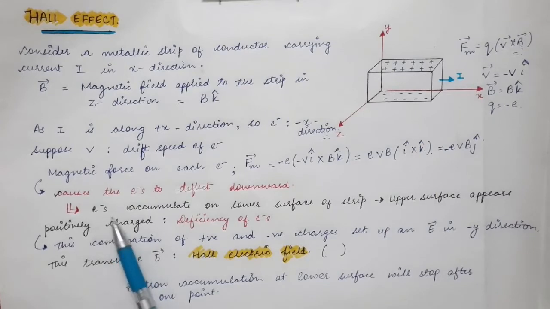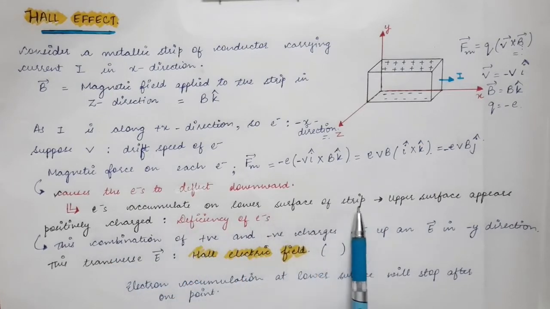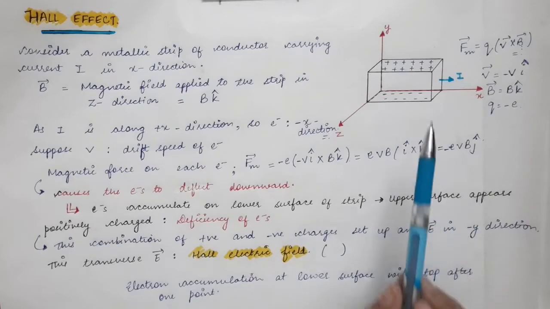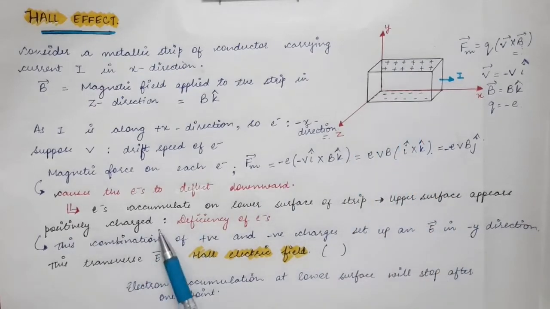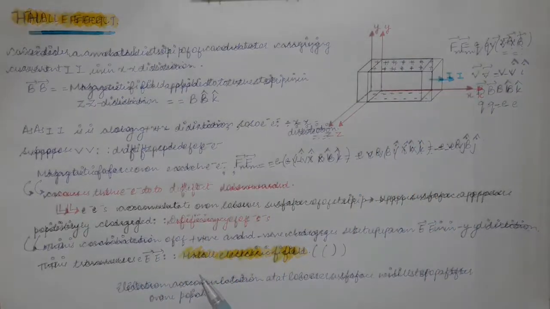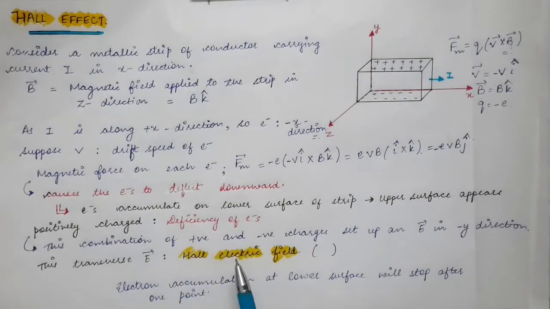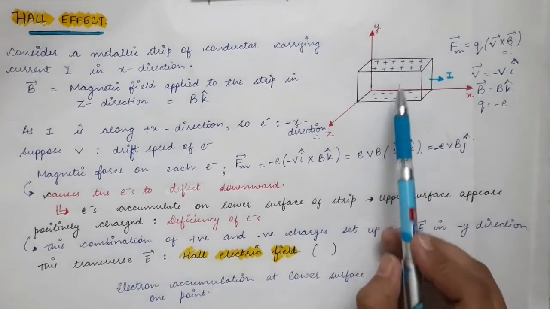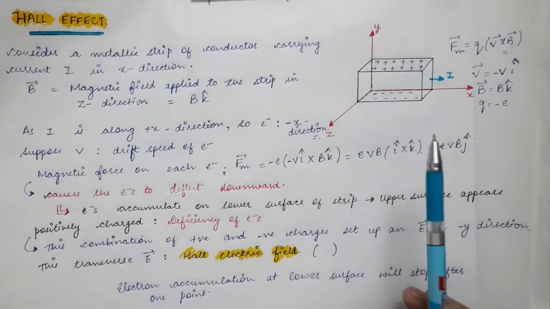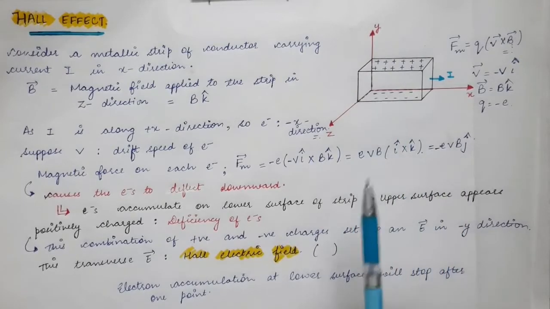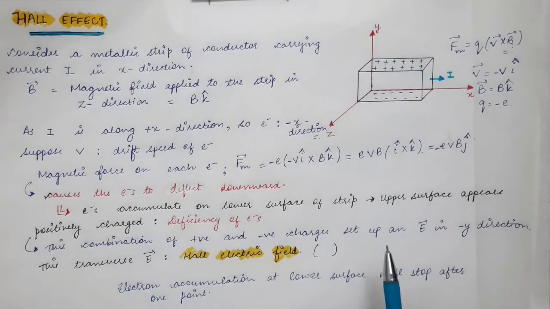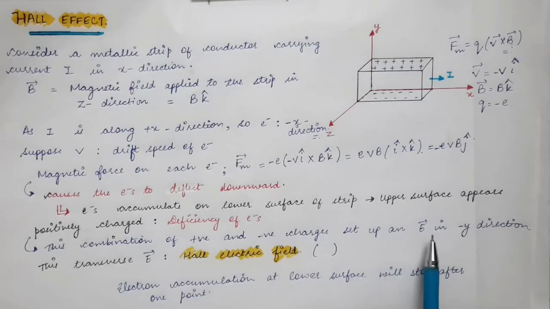So as we have said, electrons accumulate on the lower surface of the strip, and the upper surface appears positively charged due to the deficiency of the electrons. So this combination of positive and negative charges on the two surfaces of the strip sets up an electric field in the negative y-axis direction.